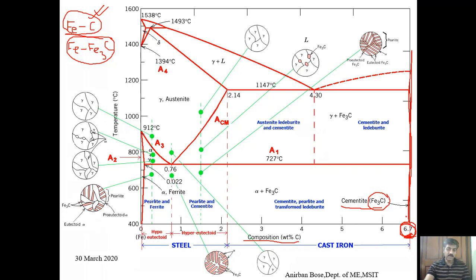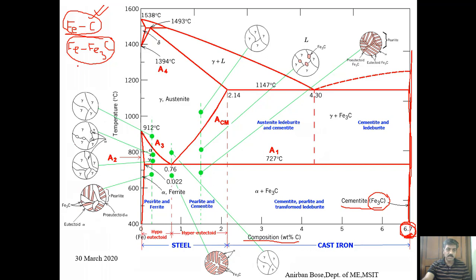The other side of the iron carbon diagram is not so important to engineers. The reason is that if the carbon percentage is more than 6.7%, the material becomes so brittle that it is not at all suitable for structural purposes. That's why engineers prefer only this portion, and that is sufficient for all of our practical purposes.